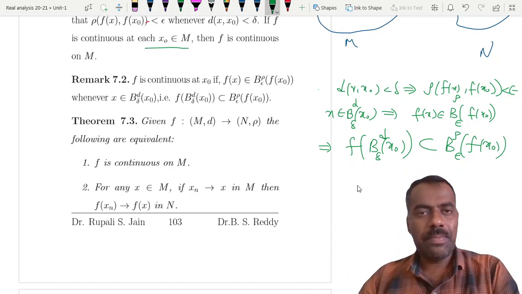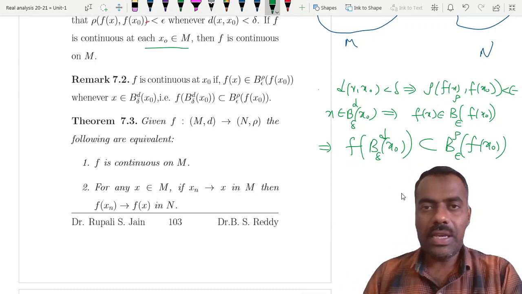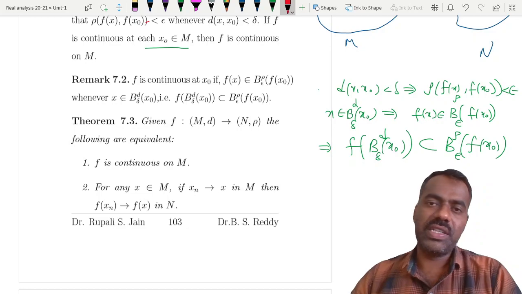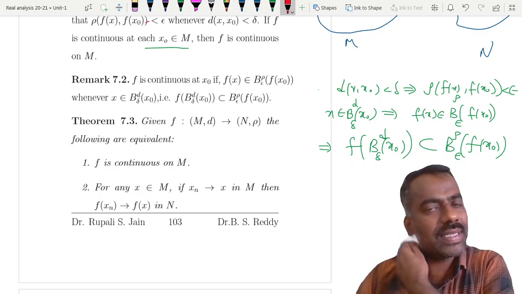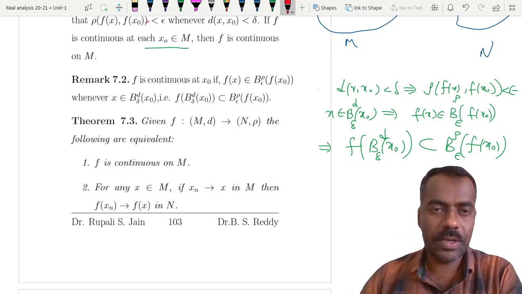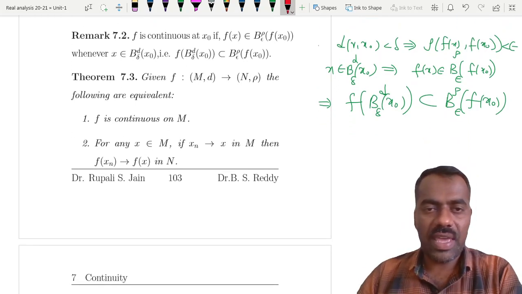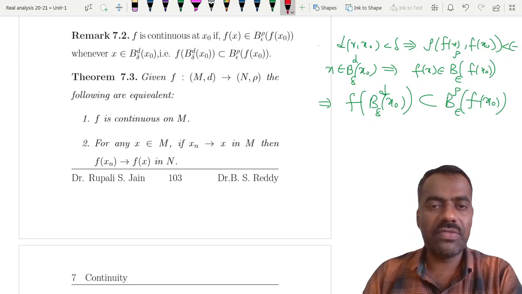Before going to some examples, we give some equivalent conditions of a continuous function in terms of convergent sequences, in terms of open sets, and in terms of closed sets. So start with a function f from (M, d) to (N, rho).